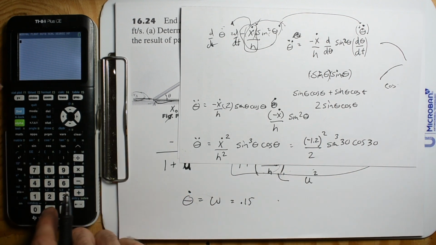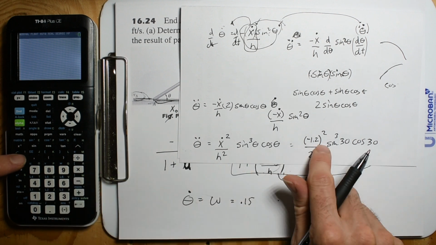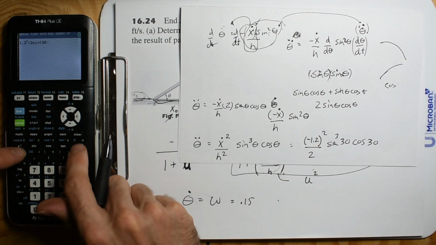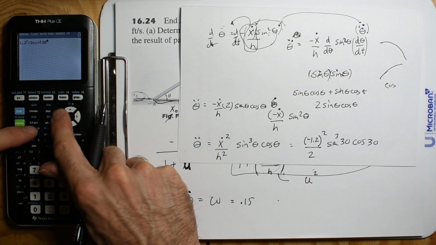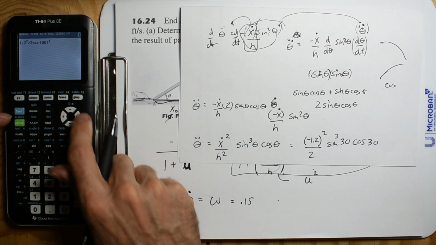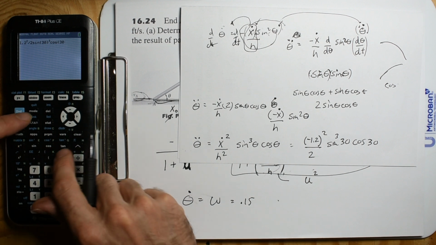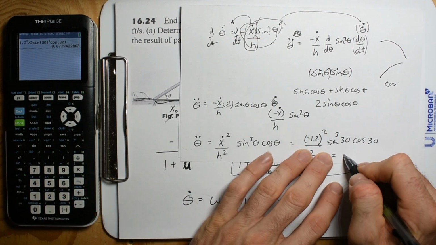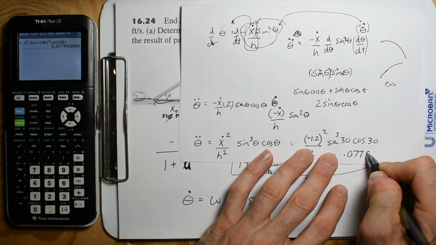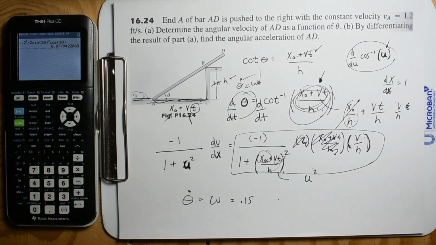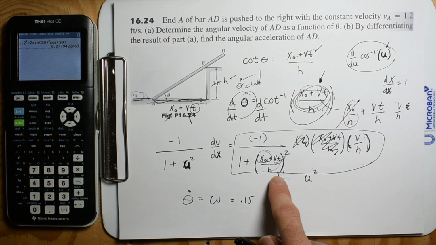So we're going to have 1.2 squared divided by 2 sine 30 cubed, and then cosine 30. And I'm in degrees. Hell yeah. So there you go, 0.0779.